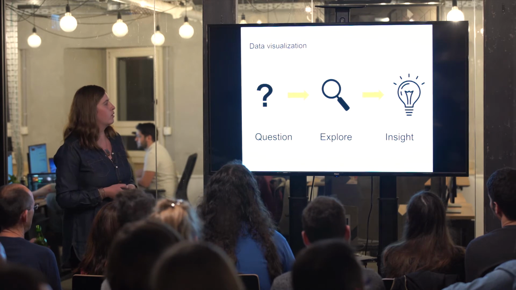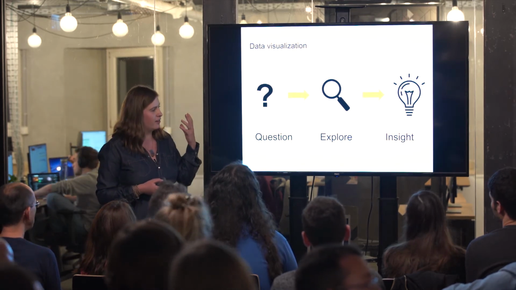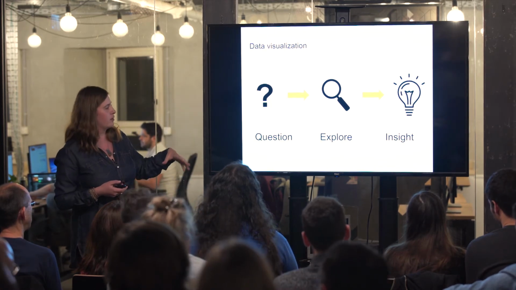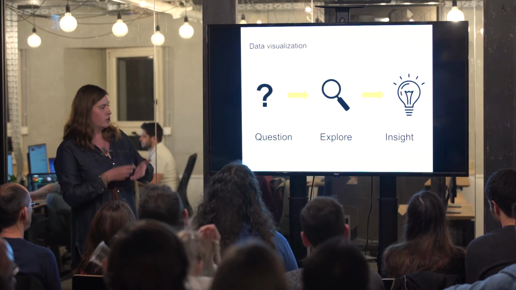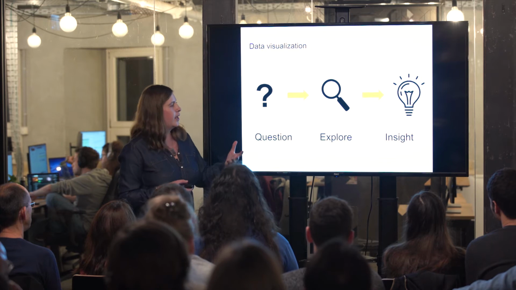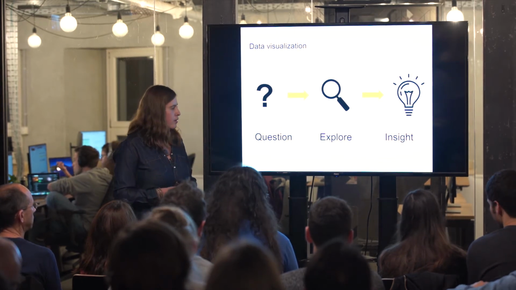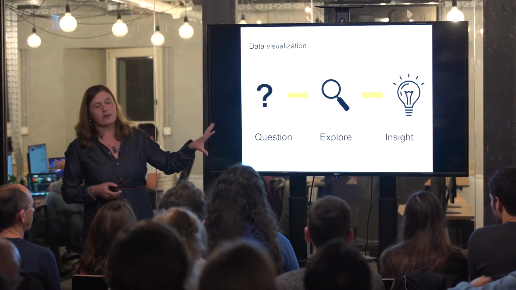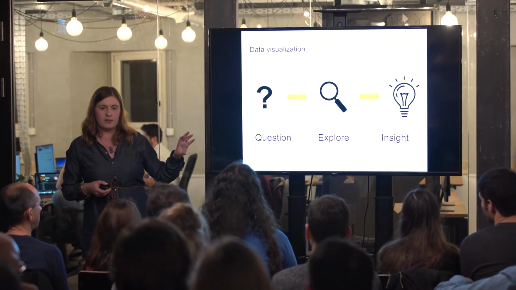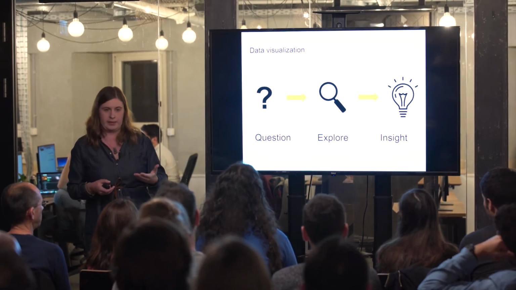Okay, so data visualization has three main steps. You have a question, so you want to answer some question. You are exploring the data, and you see the answer. But this is not only a schema for the data scientist. The same schema must be for the person who looks at your data.